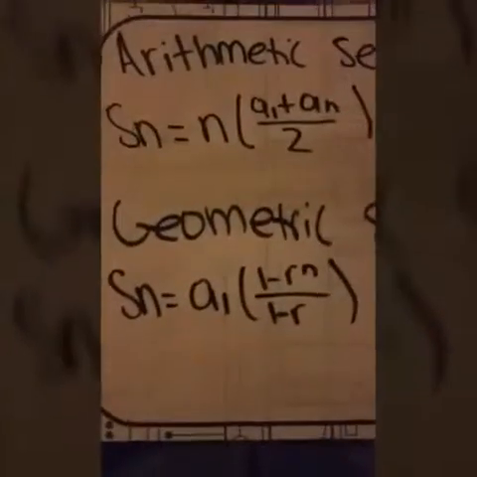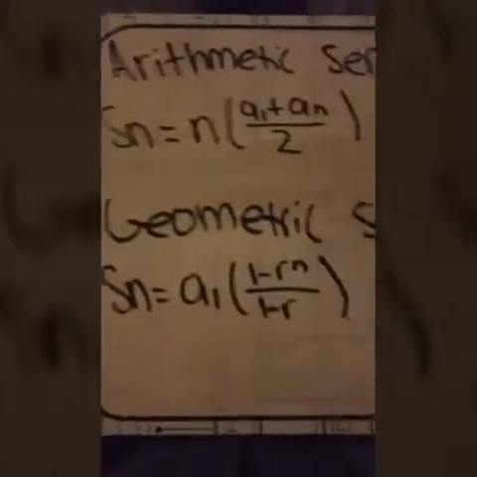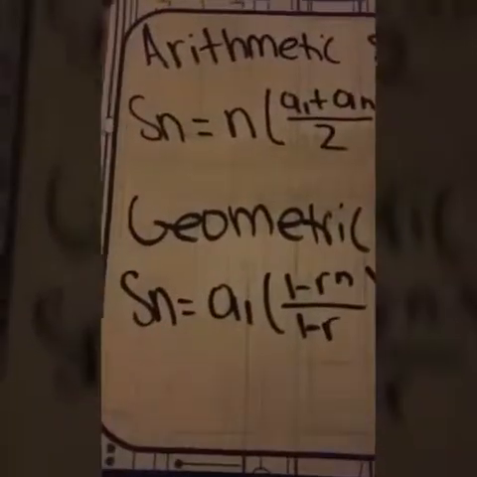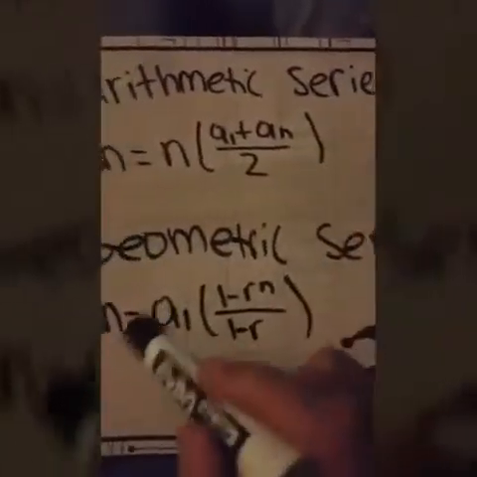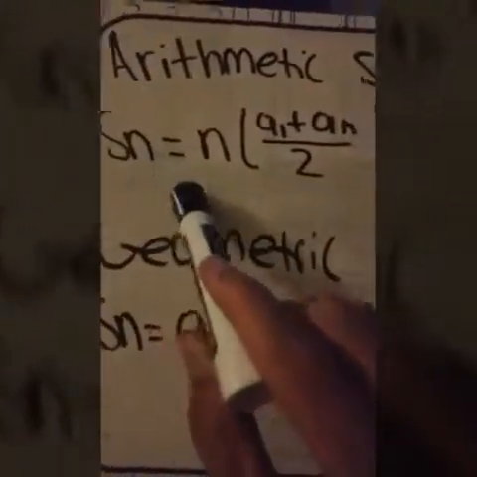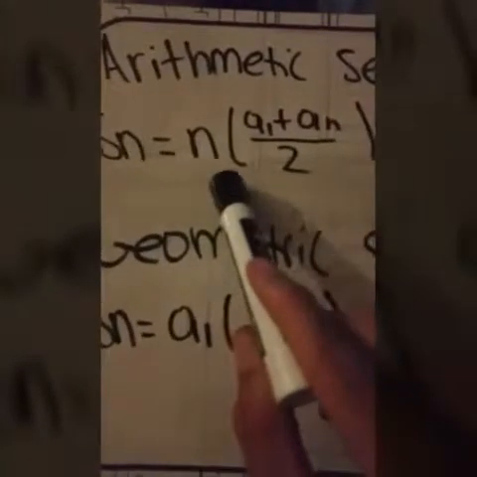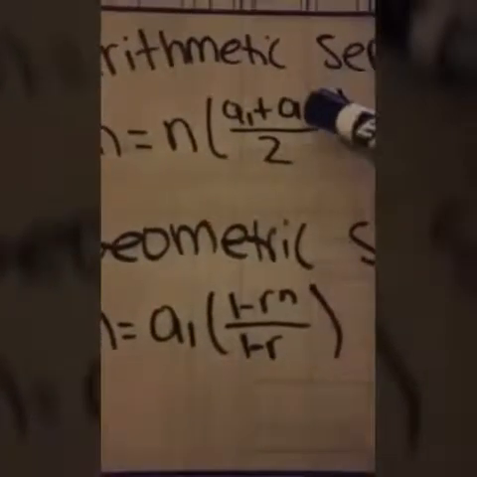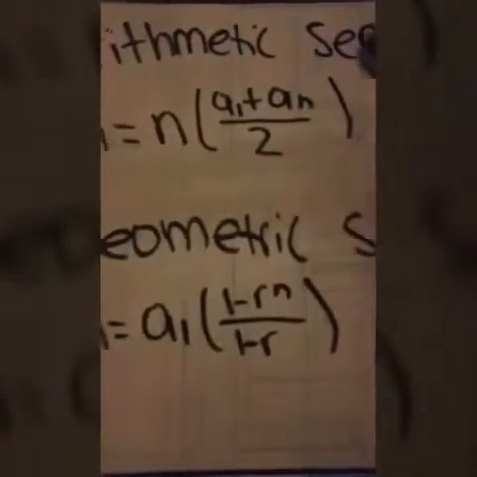Okay, so let's talk more about the arithmetic series and the geometric series. Now here's our equation. Like I said, the arithmetic series is if you have addition. So our equation for the arithmetic series would be Sn, which is your sum of terms, equals n, which is your number of terms, times A1, which is your first term, plus An, which is your last term, divided by 2.